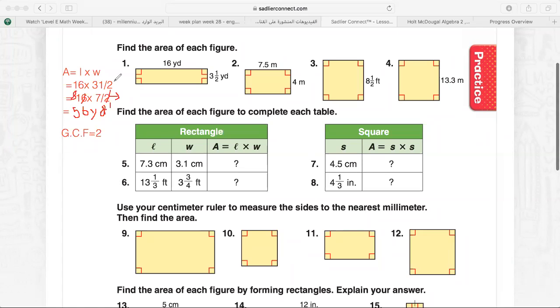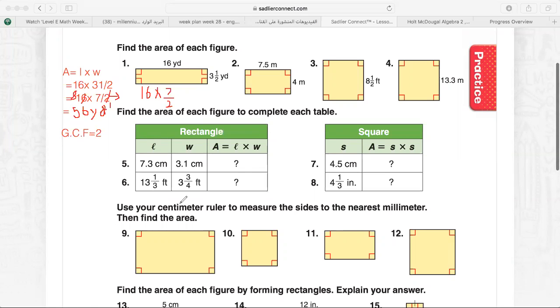So the improper fraction of 3 and 1/2 is 7 over 2. So now I have to multiply 16 by 7 over 2.